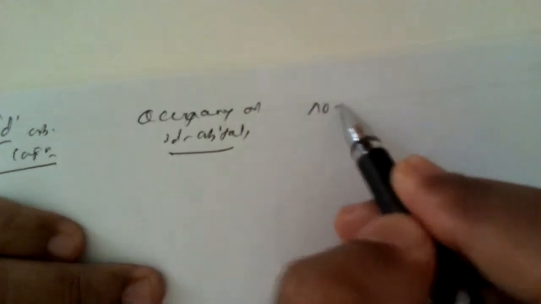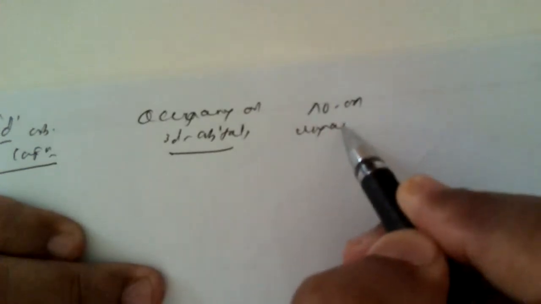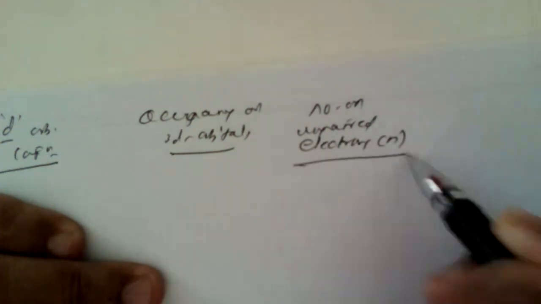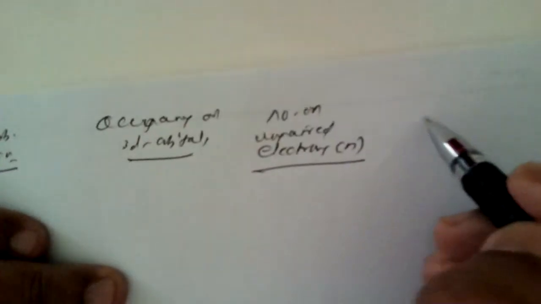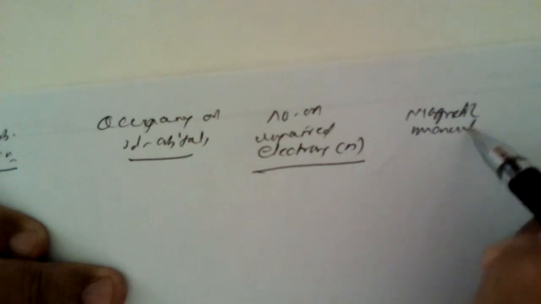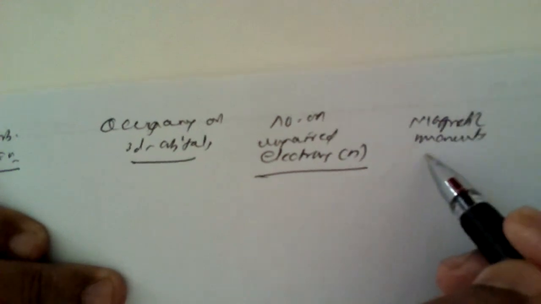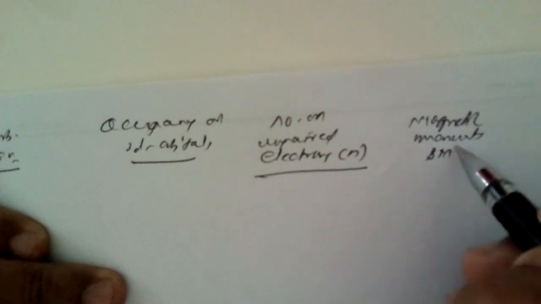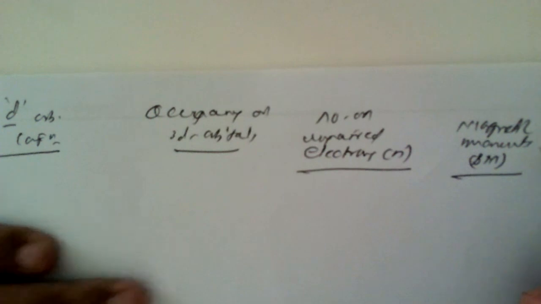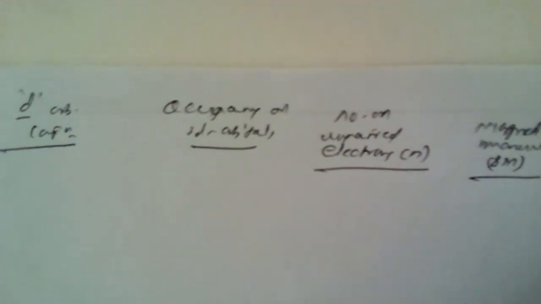Then the number of unpaired electrons, which is denoted by the letter small n, and the magnetic moment, which is calculated by using the spin only formula in terms of Bohr magnetons. You should remember and write this, because this will be very easy during your MCQ type questions also. Now, suppose for example, it is a d0 configuration.